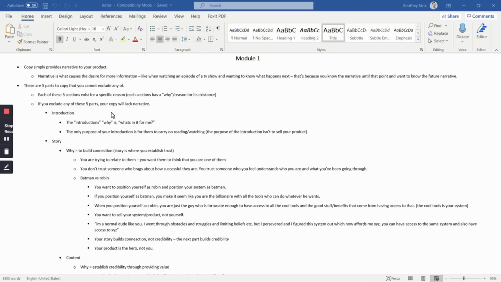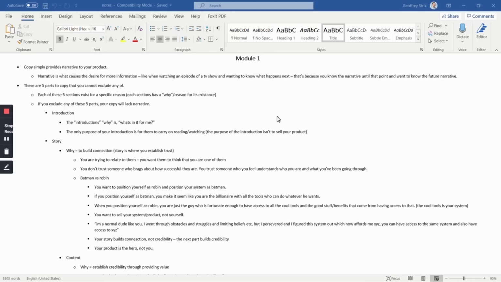So each of these 5 parts of copy exists for a specific reason. In other words, each section has a why for its existence. If you exclude any of these 5 parts, your copy will lack narrative. So the first part is the introduction.